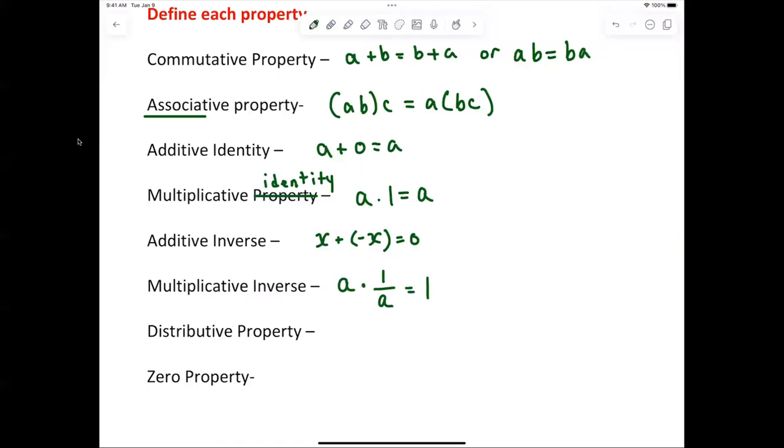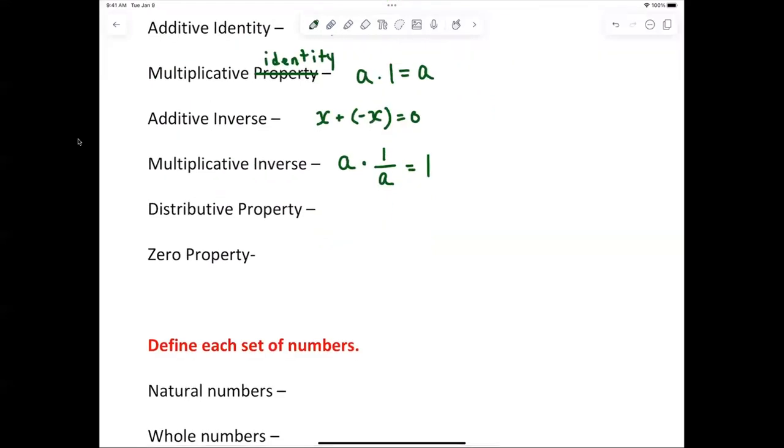All right, now let's do an example of the distributive property. So I'm going to go ahead and just write out A parentheses B plus C. And that would be, who remembers? I want you to distribute the A. What would I get?